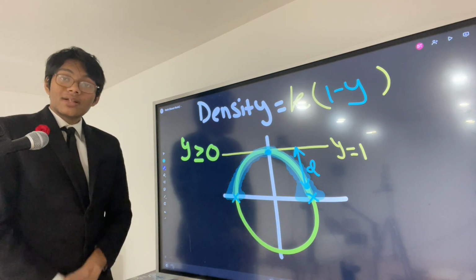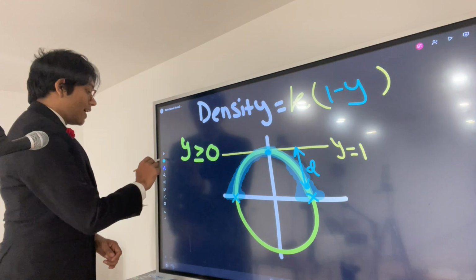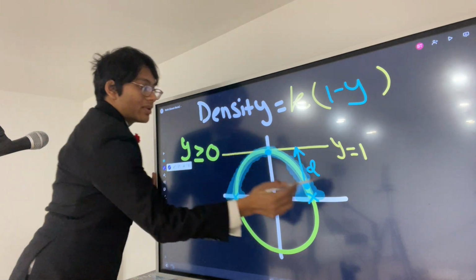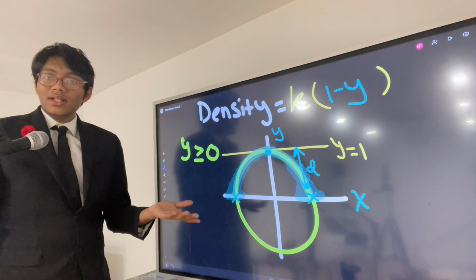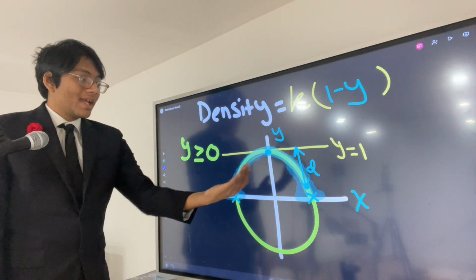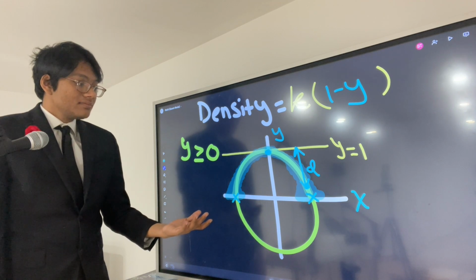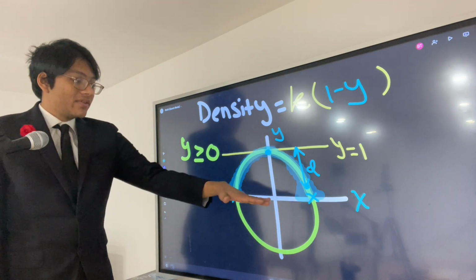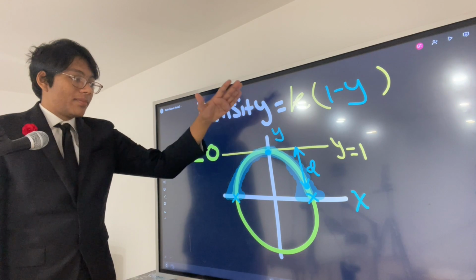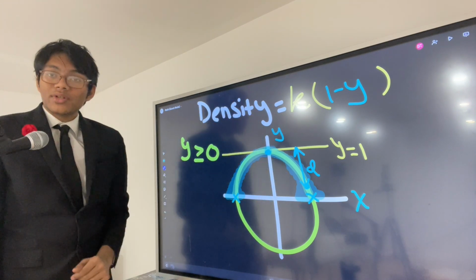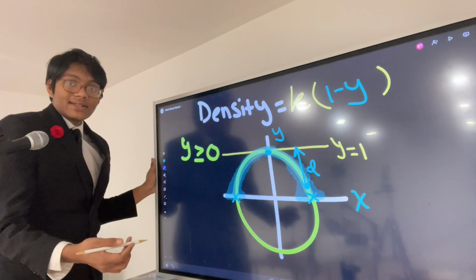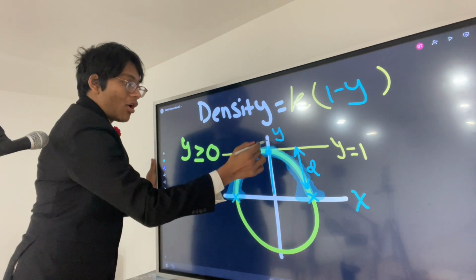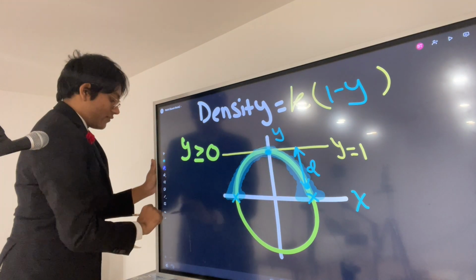And I also know that my wire is symmetrical around what axis? My wire is symmetrical around the x or the y-axis. Which one? Well, it's a circle, right? It's symmetrical around the y-axis, as you can see over here. Since we're only focusing on the upper quadrants, it's symmetrical around the y-axis, and so my center of mass should actually be on the y-axis itself.